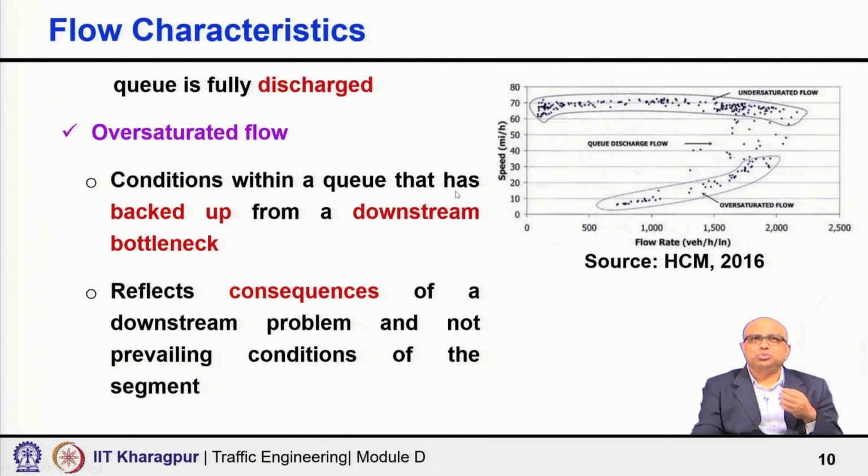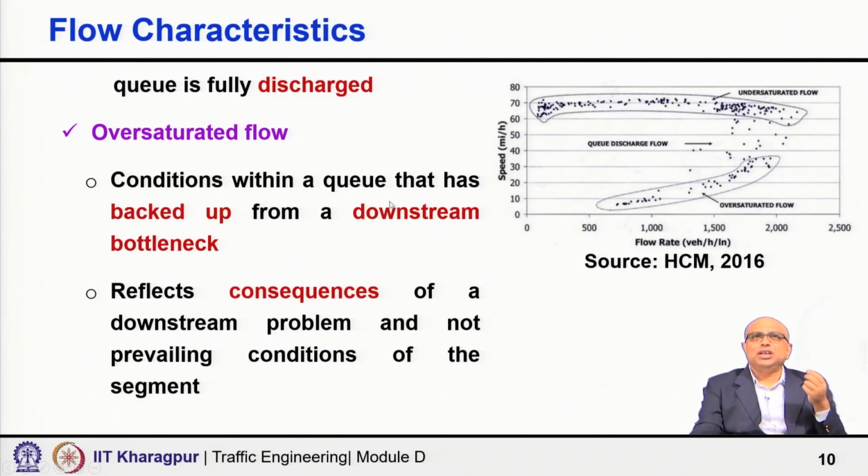So, consider conditions within a queue just immediately upstream of B that has backed up from a downstream bottleneck; it is increasing as long as the inflow is higher than the capacity of this bottleneck.